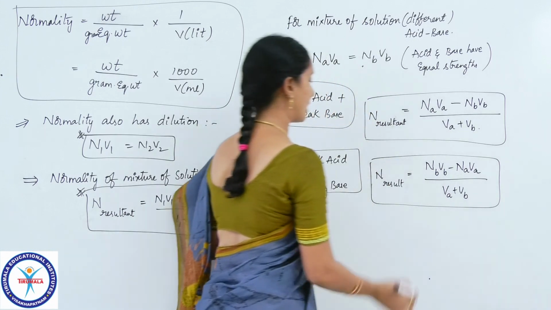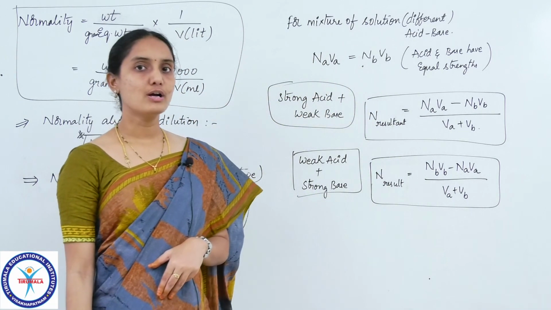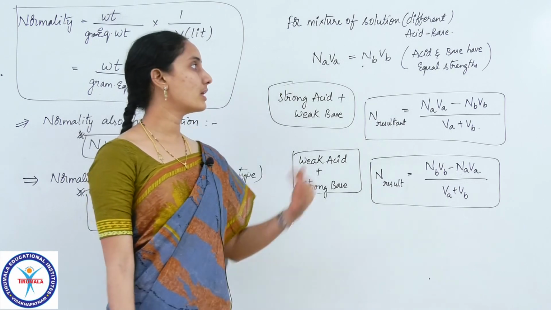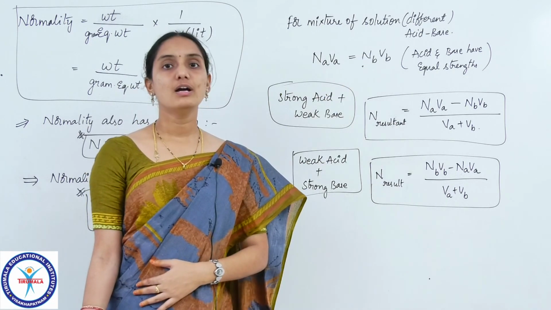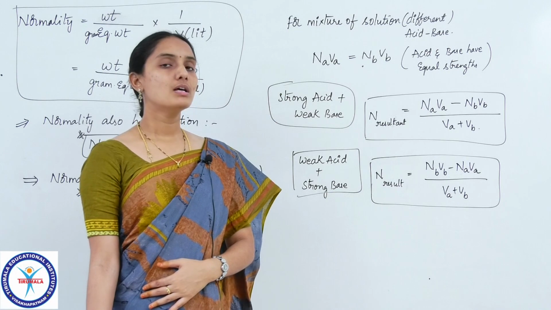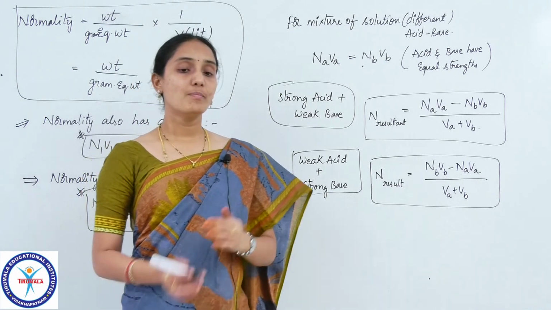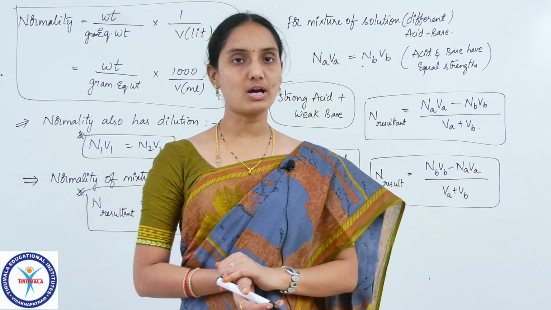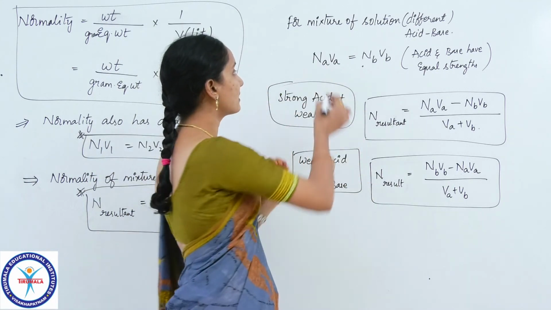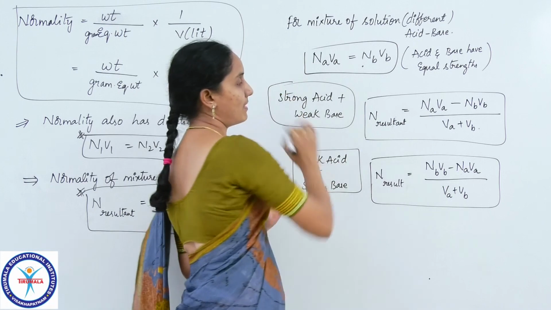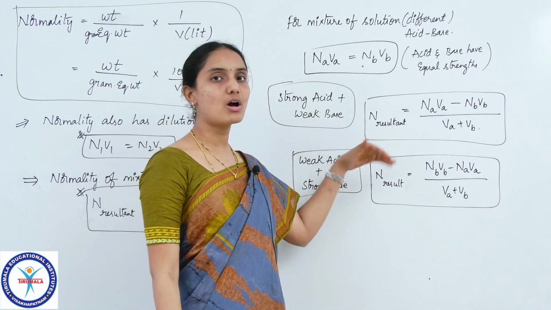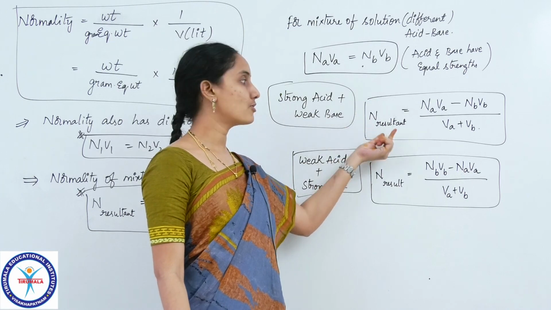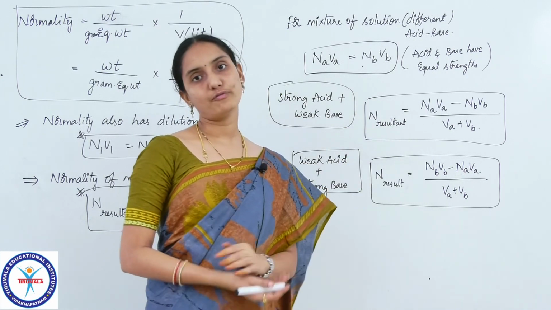So these three formulas you will use in the case of normality with respect to a mixture of solutions, generally in acid base reactions, that is neutralization reactions, children. If both acid and base are equally strong, you can directly take the formula NaVa = NbVb. If one of them is strong and the other is weak, according to the stronger one you should choose one of these two formulas, children.